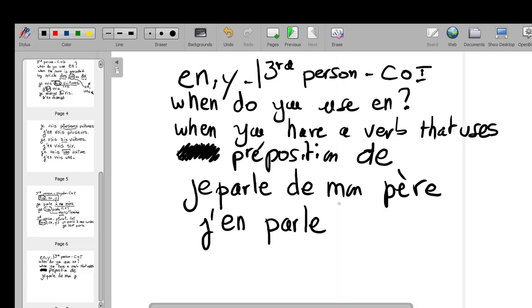Except that this is not correct. This is not correct French. You can hear it in spoken French, but this is a mistake. You cannot use en in this context, third person COD for persons.